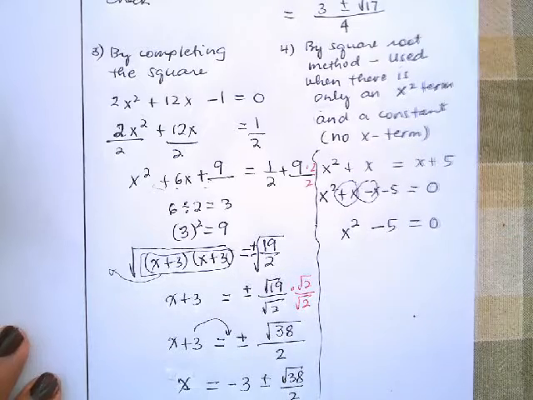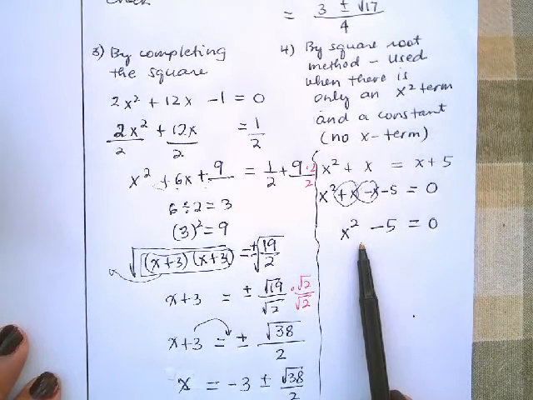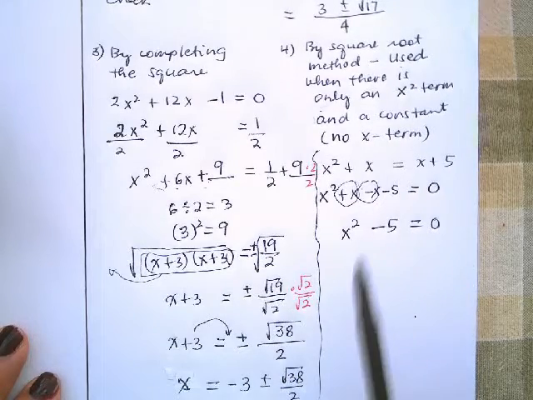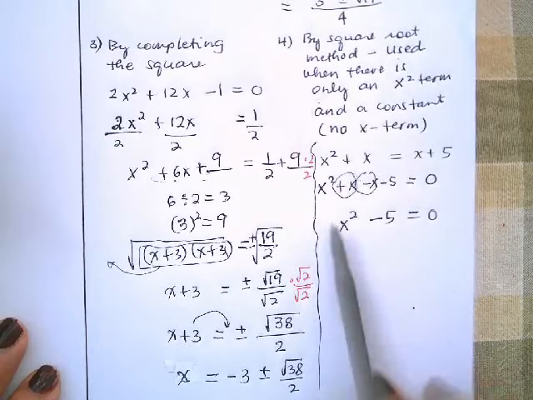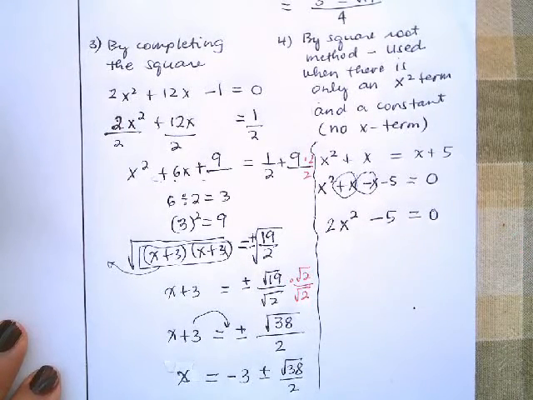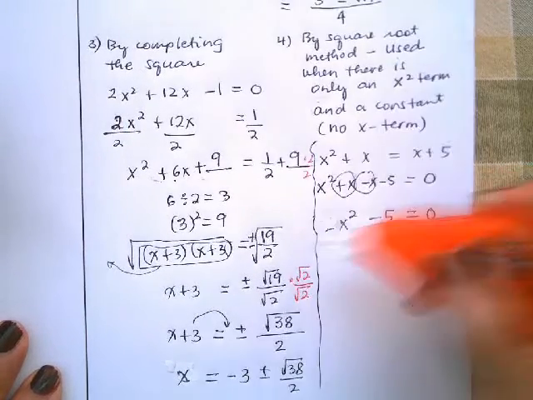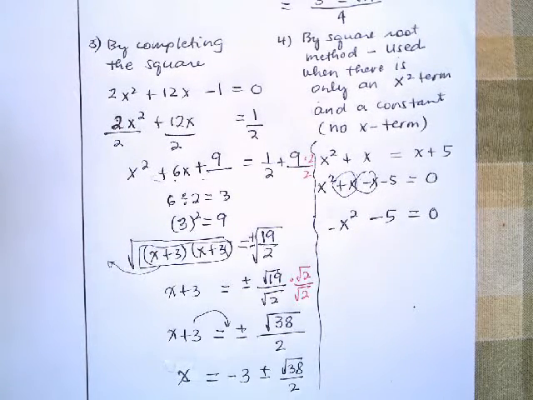So when this happens, you can use quadratic formula. You can use completing the square. You will get the same answer. But when it is only like this, even if there is a 2 here, that's okay, as long as there is no x term, you can use the square root method, and all you do is put the number on the other side and get the square root of both sides.